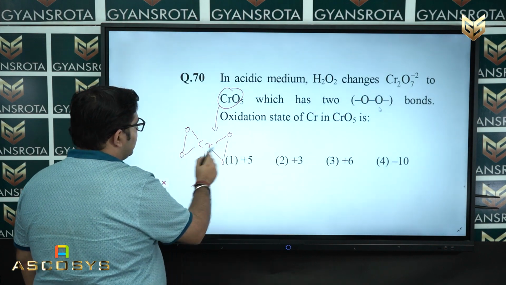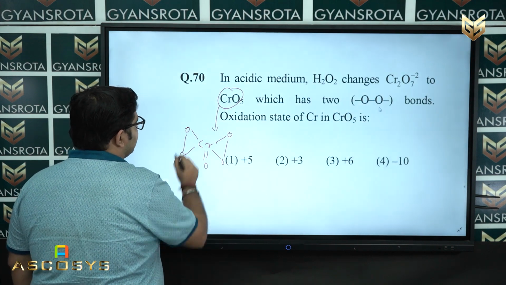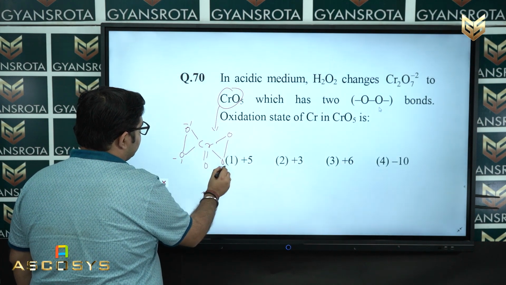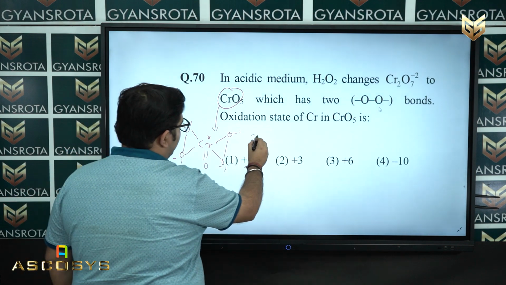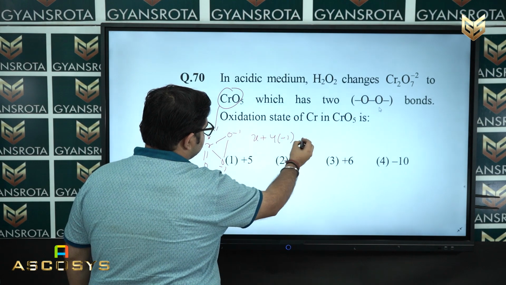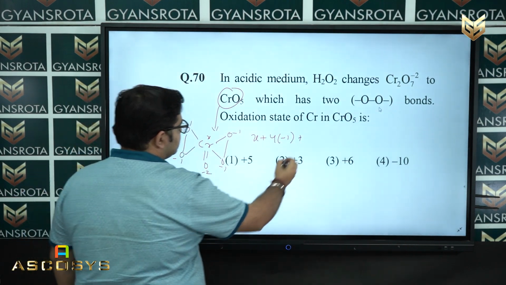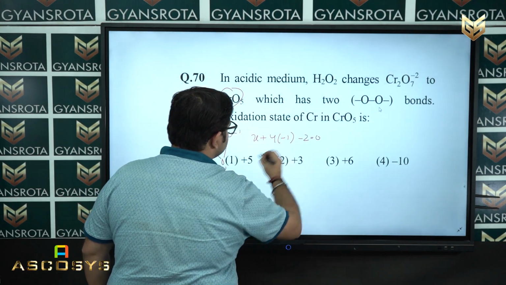and this OO linkage is nothing but your peroxy linkage, and when peroxy linkage is there, the oxidation state is -1. So here -1, -1, -1. If I take this one as x, then x plus 4 into -1 plus this is -2, because this is a general oxide, so this is -2, is equal to 0.